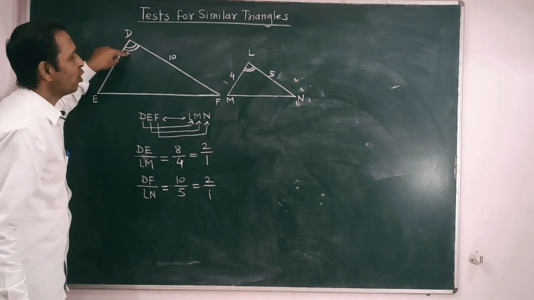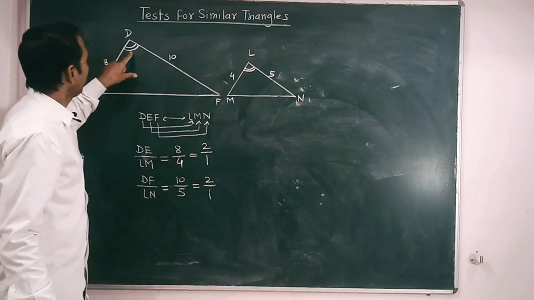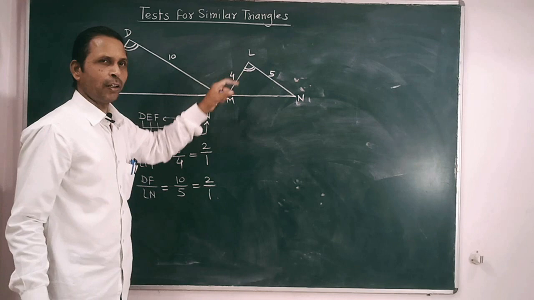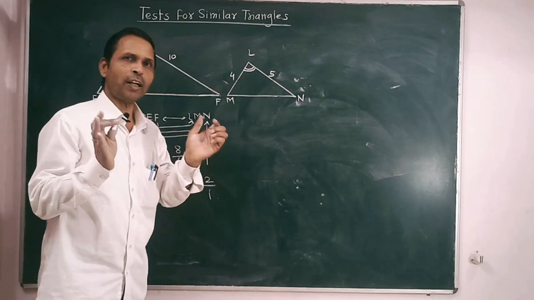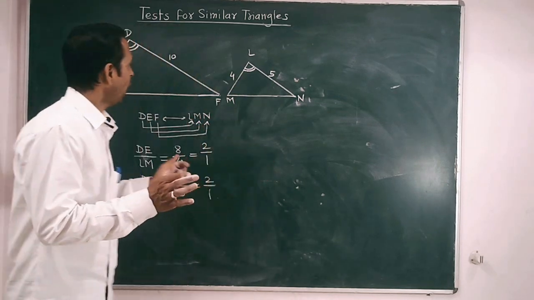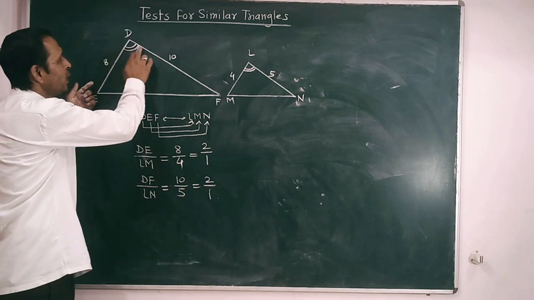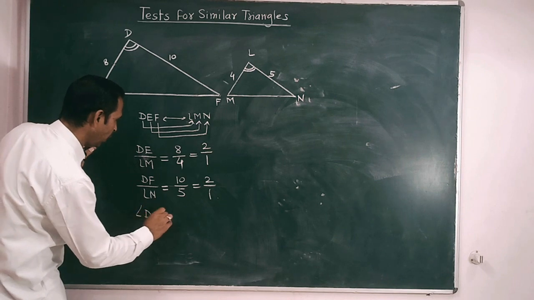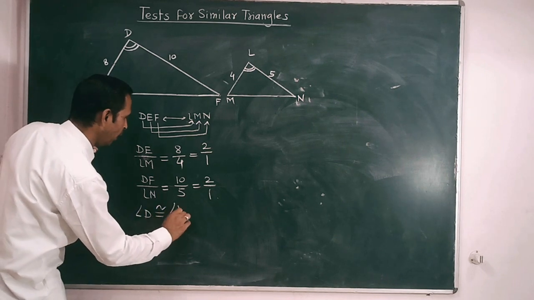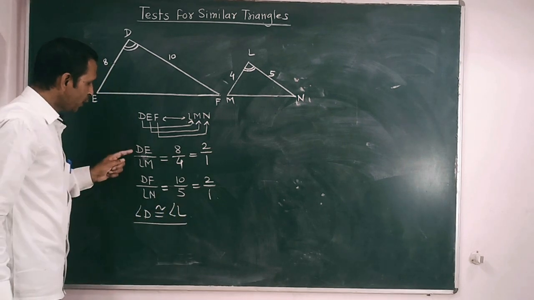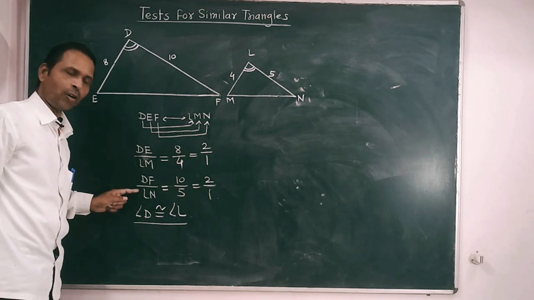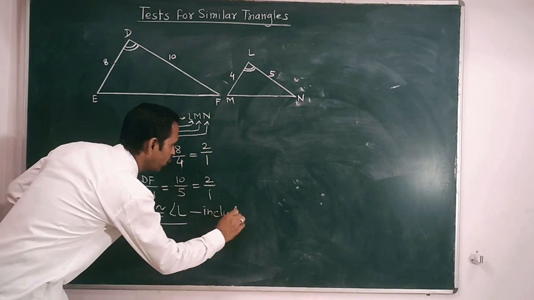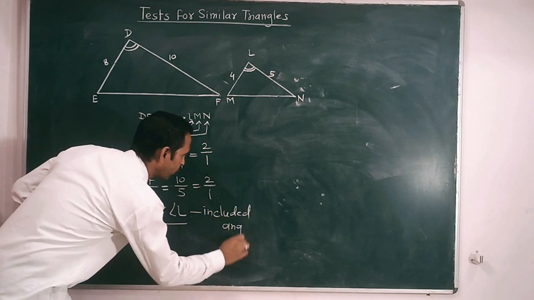This is called as the included angle. Angle D is the included angle and L is the included angle. Now the length of the two sides are given, and in between those two sides the angle is given, that is congruent. Angle D is congruent with angle L. We are given this, means the two corresponding sides are in proportion and the included angle is congruent.